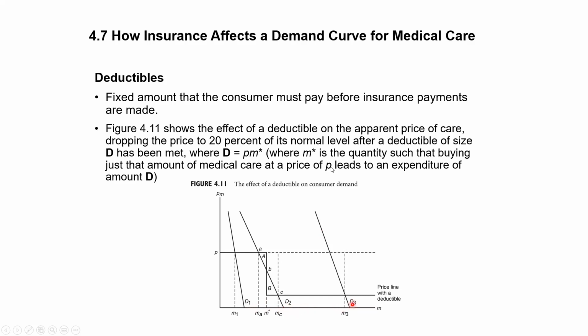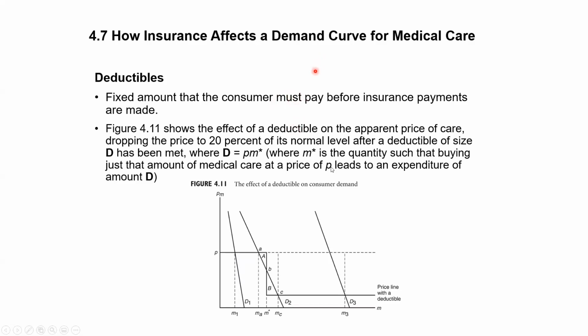So the deductible D is equal to P times M prime, where M prime is the quantity such that buying just that amount of medical care at the price P leads to an expenditure of amount D. The 20% figure is arbitrary, but it is a common feature of many major medical insurance policies, like a co-insurance rate after you have met the deductible amount.